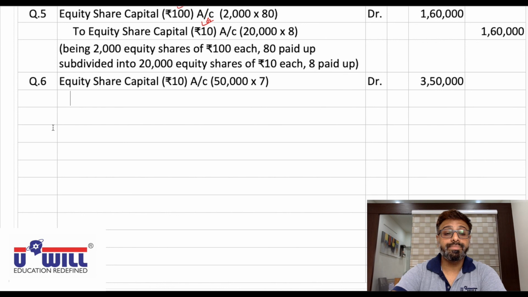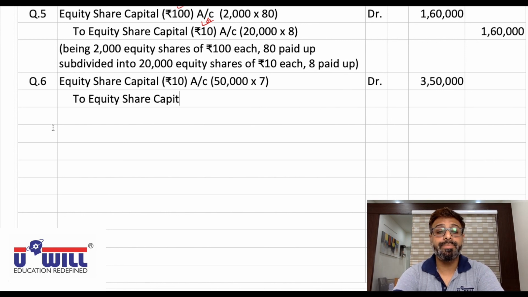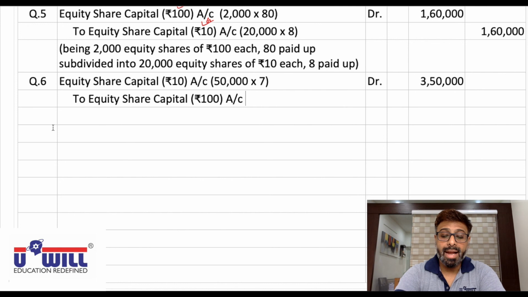And to equity share capital with new face value, that is rupees 100 account, and amount 5,000 into it becomes 70 paid up, that is 3,50,000.